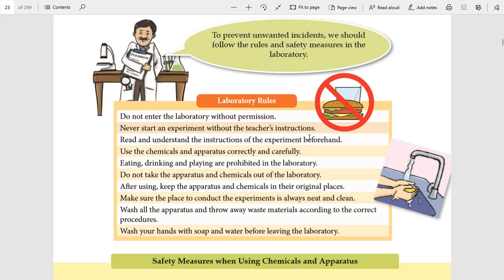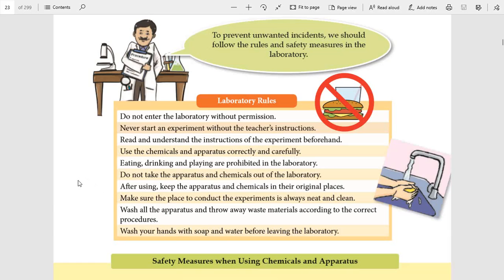Because you don't know how to use this apparatus. I just give the function of this apparatus, but to use it you need laboratory skills. Read and understand the instructions, and use the chemicals and apparatus correctly and carefully.